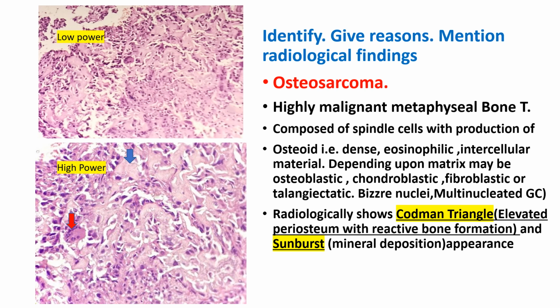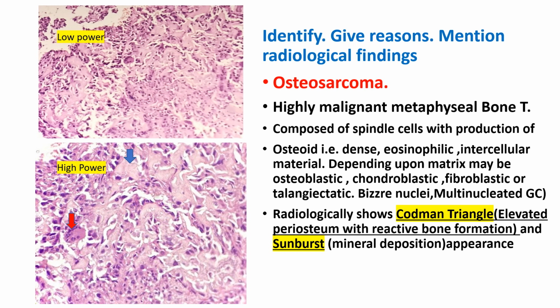Radiologically, and this is the key question, an MCQ question and so on, it shows Codman triangle and sunburst appearance. Now what is Codman triangle? As the tumor expands and breaks the compact bone at the maximum expansile site, the proximal periosteal tissue is elevated, and it also starts producing reactive bone.